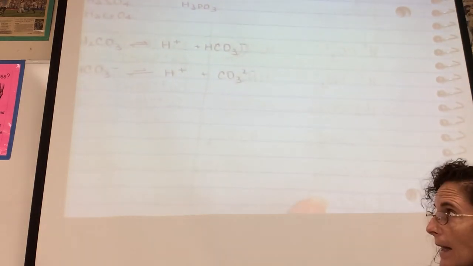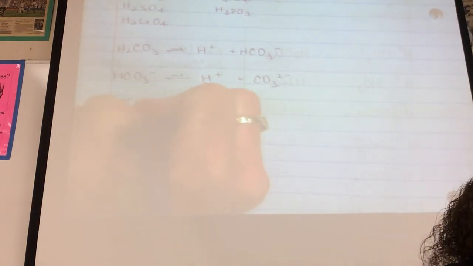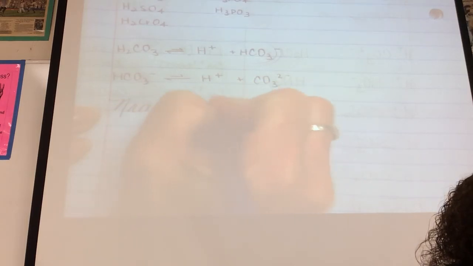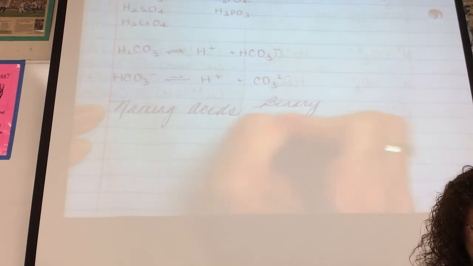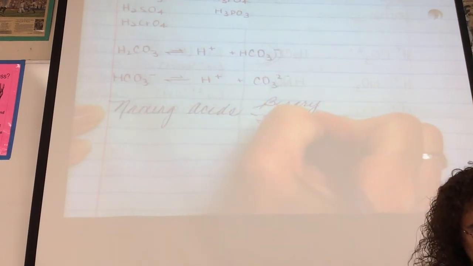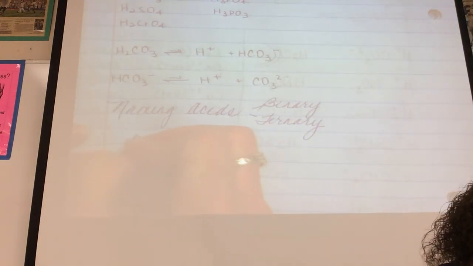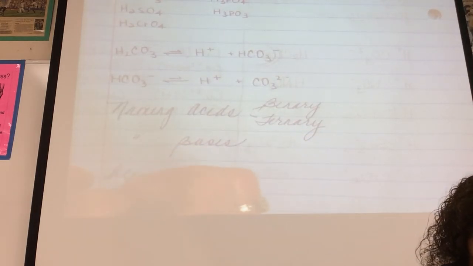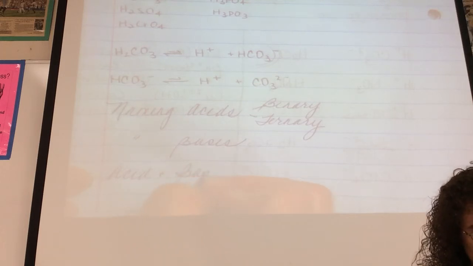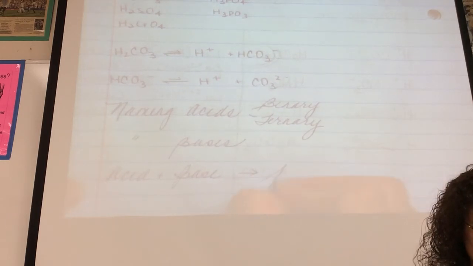So for today, hopefully in this first lesson, you're comfortable naming acids, and you can name acids that are either binary or ternary. You know how to name bases. You also know that an Arrhenius acid plus an Arrhenius base. The Arrhenius concept is important because if you have Bronsted-Lowry, you're making conjugates, as we've talked about previously.